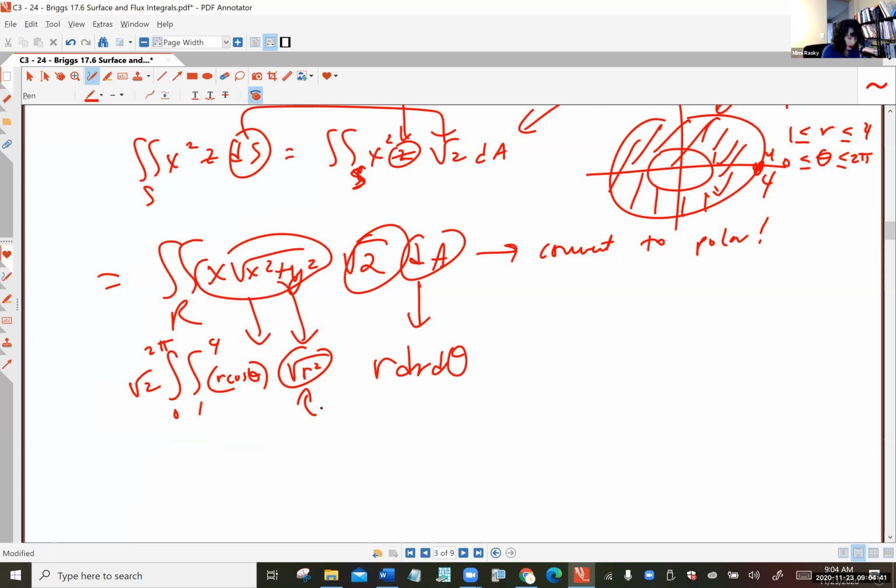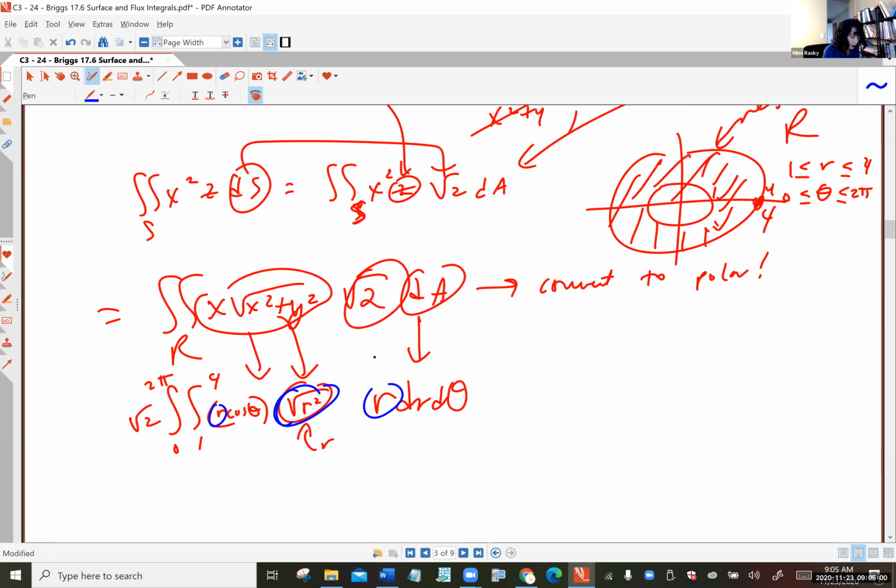Which is just r. So now what I would do is combine all of your r's into a single power of r. You've got this r, this r, this r. Hold on a second. Did I forget an r? Oh, this is x squared. I almost forgot. This has to be r cos squared.